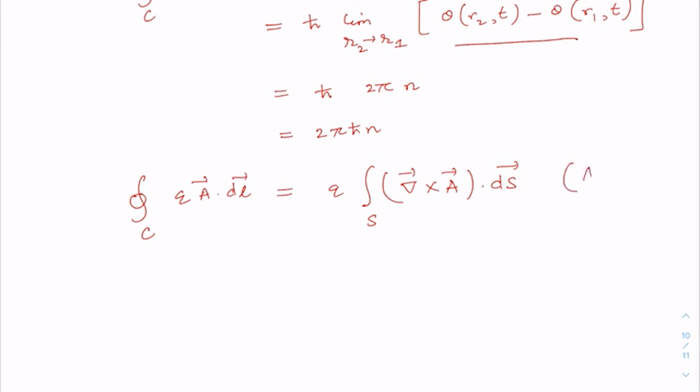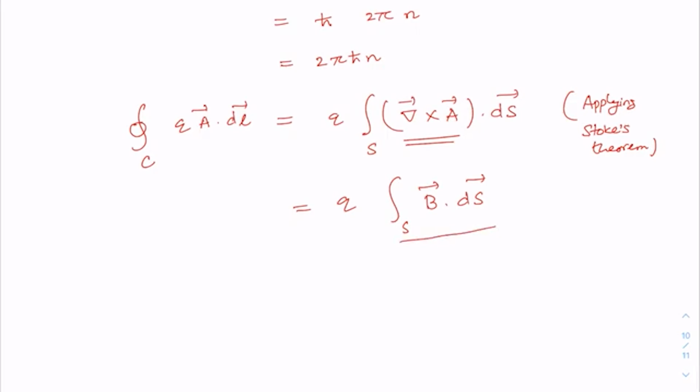Applying Stokes theorem, you can see that curl of A is nothing but the magnetic field. So I have B dot ds, and again this is nothing but the magnetic flux, so it is q into phi b.